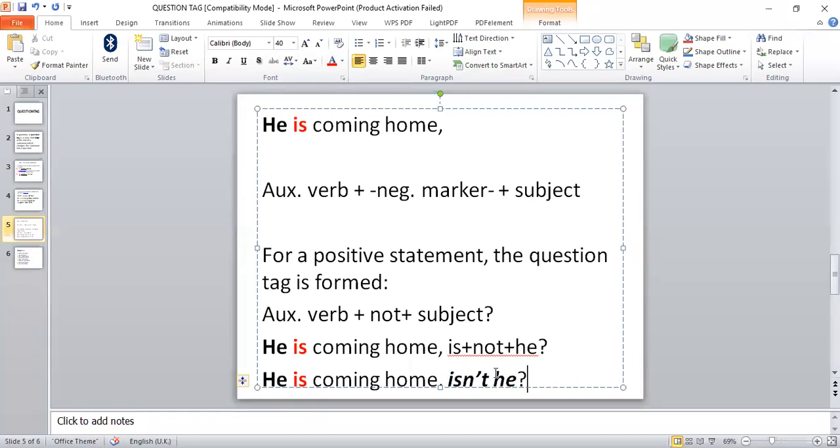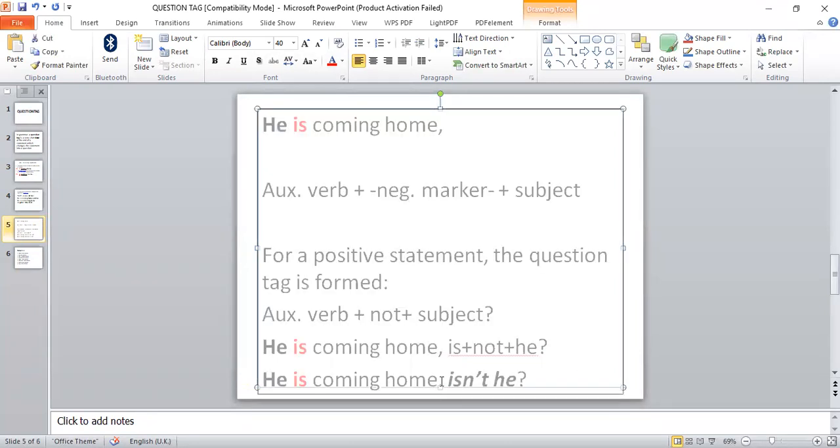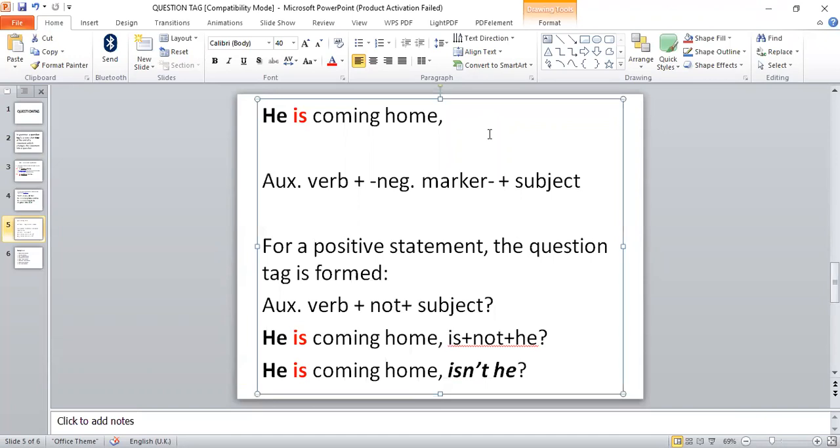So for the statement, he is coming home, which is a positive statement, it will have a tag, isn't he, which is a negative question tag.